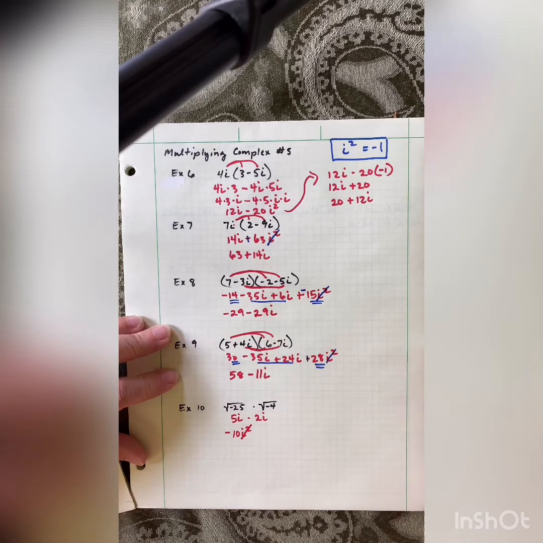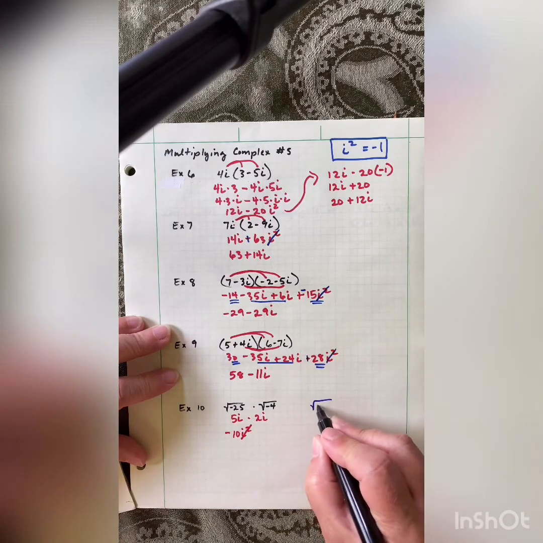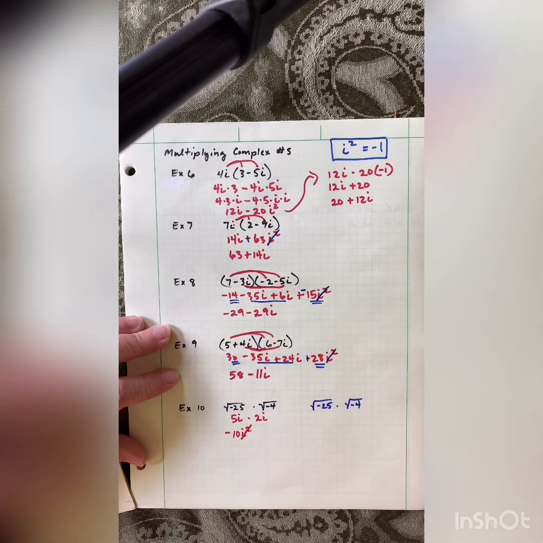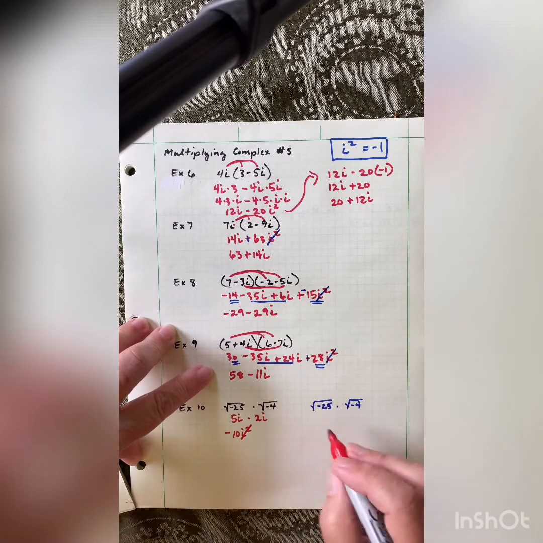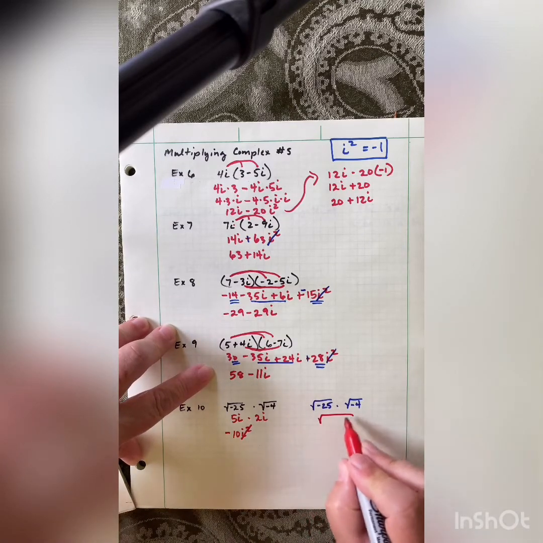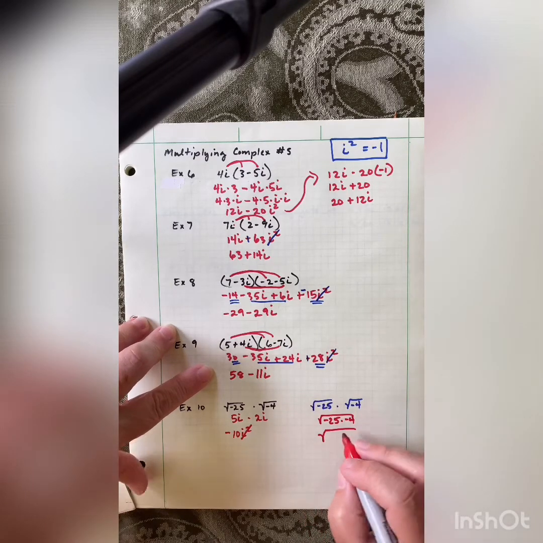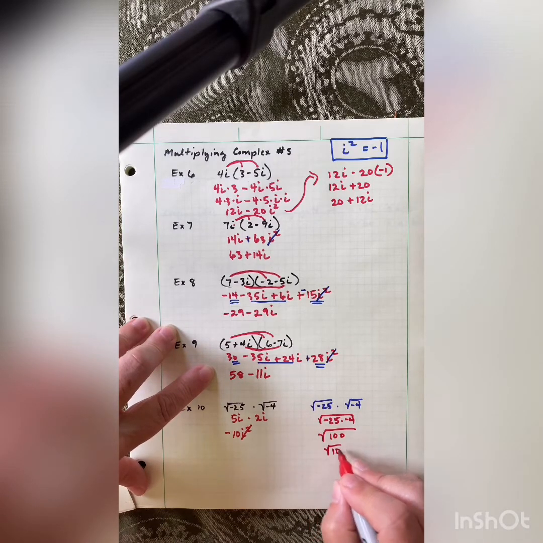Okay, so let's take a look at this exact same problem right here. Now, what if you had put these together under one radical, okay? And you said, okay, that is -25 times -4. That gives me -25 times -4 is 100.